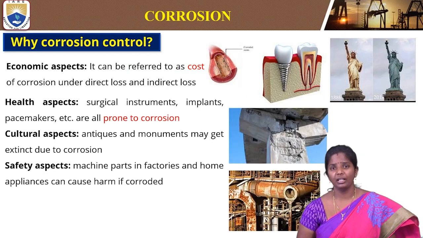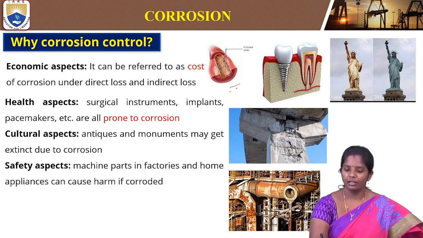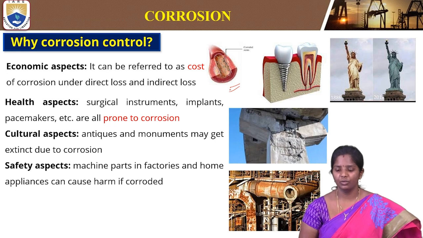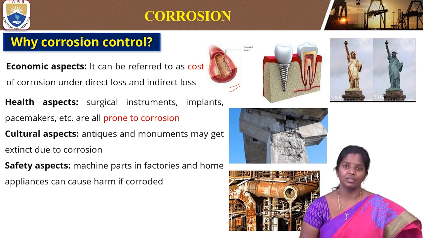So we will see why we really require corrosion control. Not only industry, there are several other applications for metals, parts or alloys. For example, in the dental and medical field, we use implants like dental implants or stents for blood vessels.